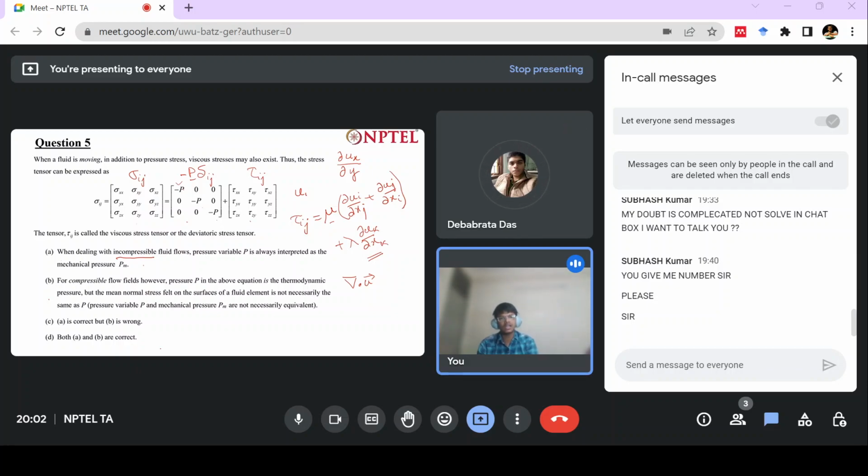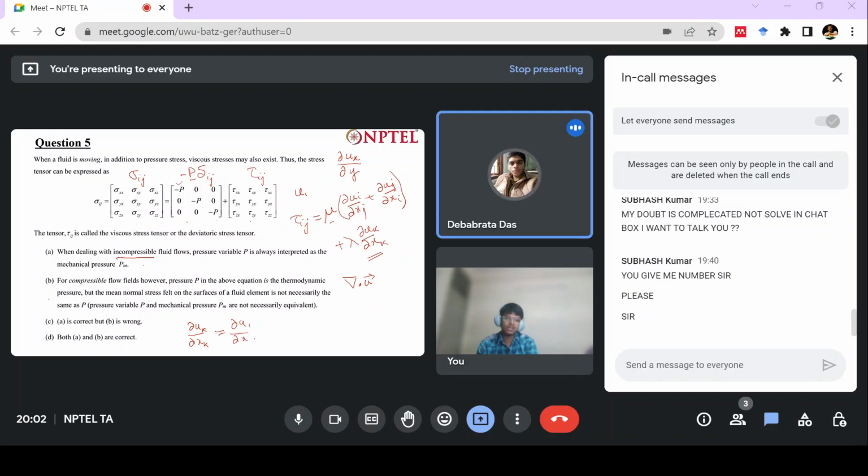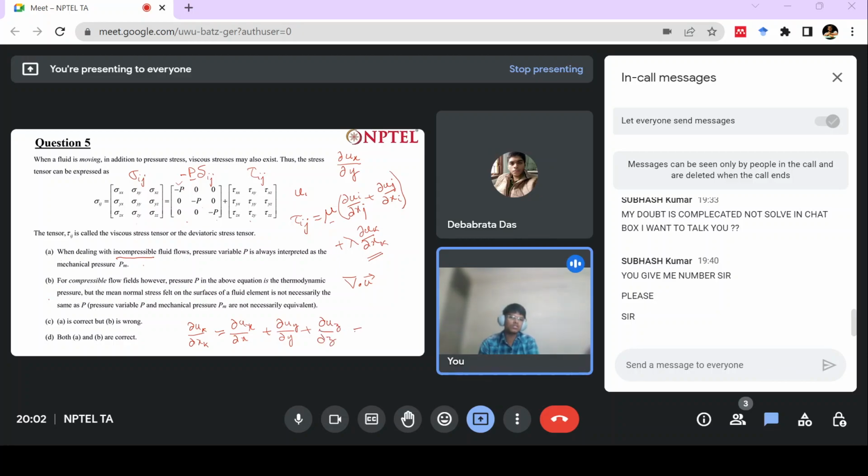Repeating indexes add up. So del uk del xk is nothing but del u1 del x1, or I'm just writing del ux del x plus del uy del y plus del uz del z. From your vectors, you also know that this is nothing but the divergence.